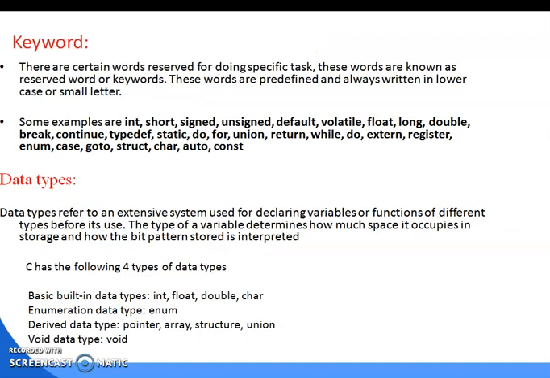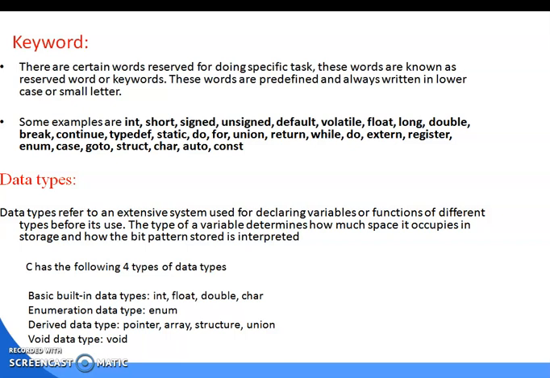Next is keywords. There are certain words reserved for doing specific tasks. That means these are predefined words. Their meaning is already defined to the compiler, so nobody is allowed to use these words for other purposes. These are reserved or predefined words.